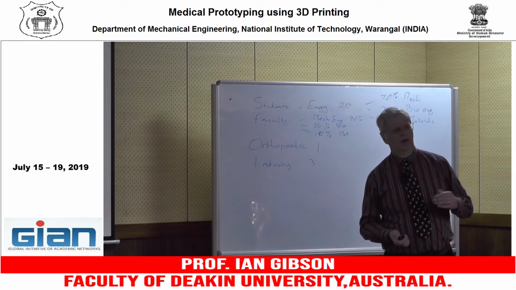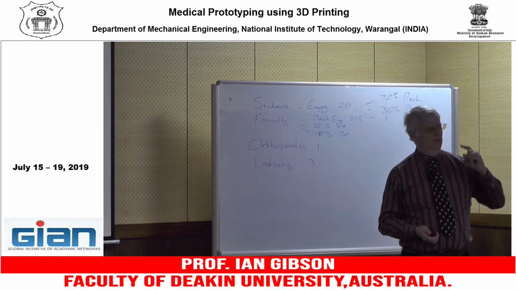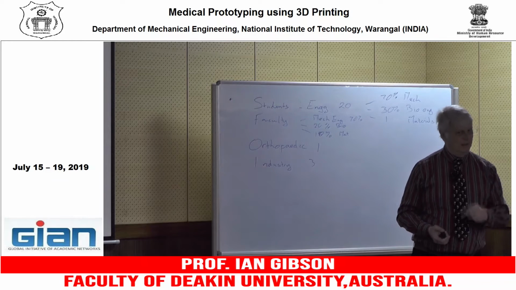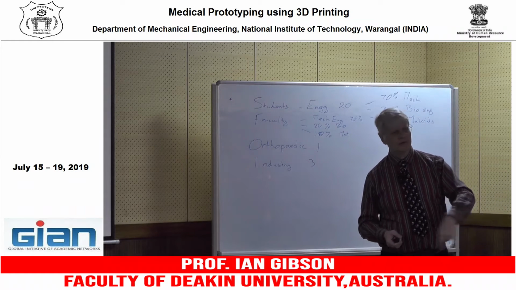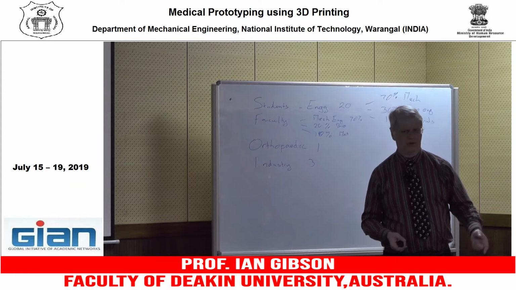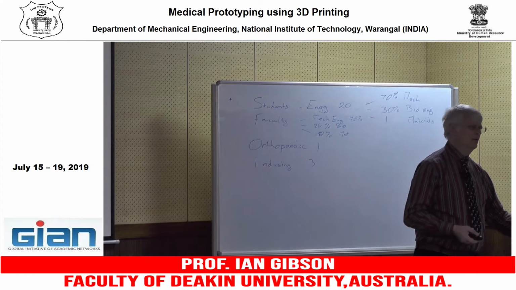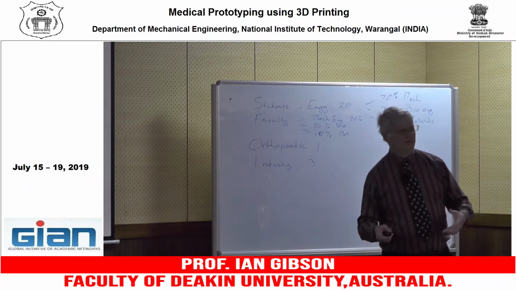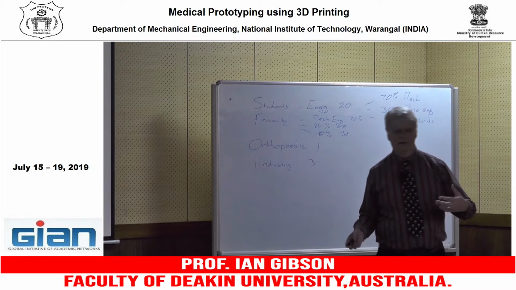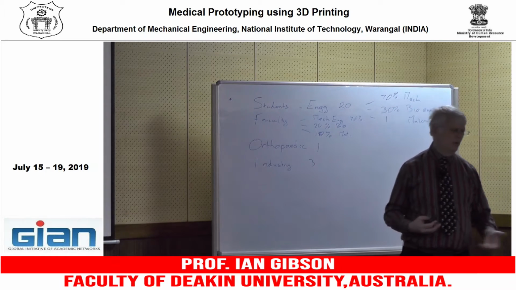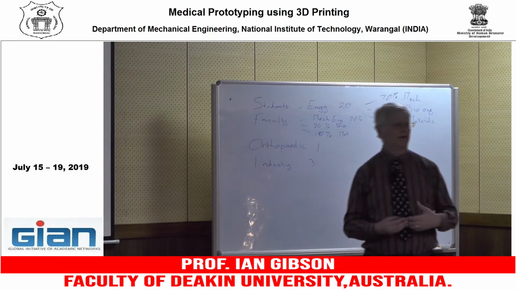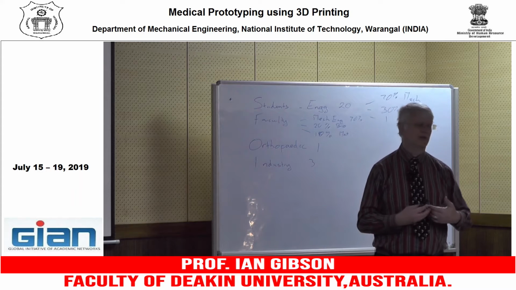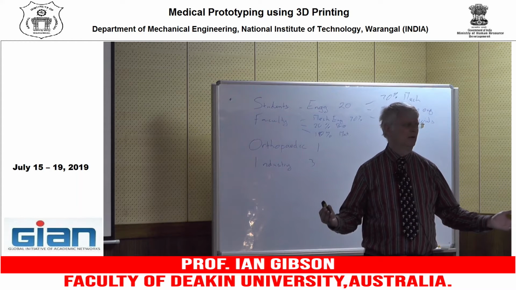Now, we're rapidly moving into another era, which is sustainability and circular economy. Because yes, it's great to have all of this functionality, but we're destroying our planet in the process. So now we have to think about how we do this in a sustainable way.